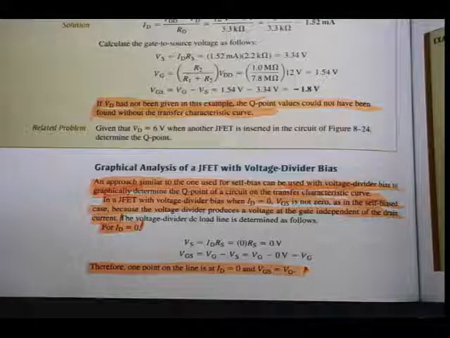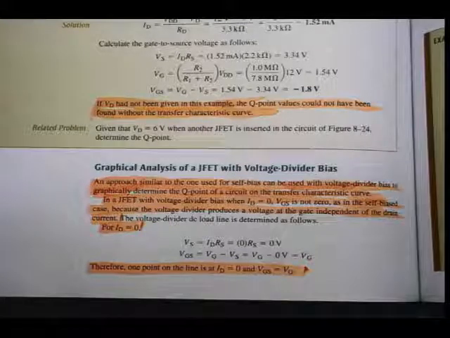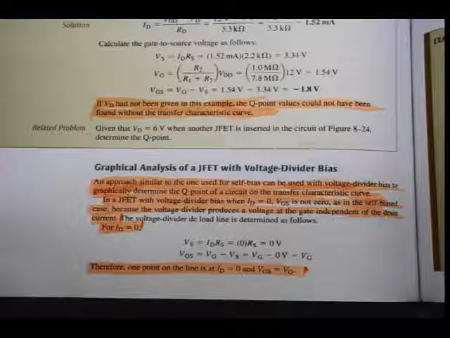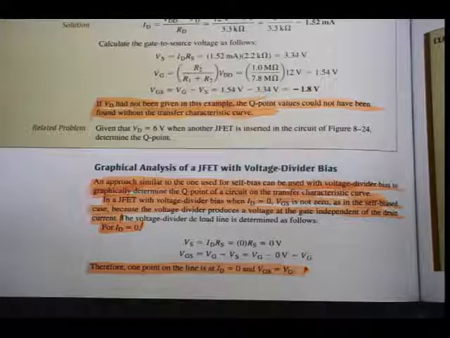You can mark, as I've done as well. An approach similar to the one used for the self bias can be used with voltage divider bias to graphically determine the Q point of a circuit on the transfer characteristic curve. In a JFET with voltage divider bias, when ID is equal to 0, VGS is not 0. Please underline that.